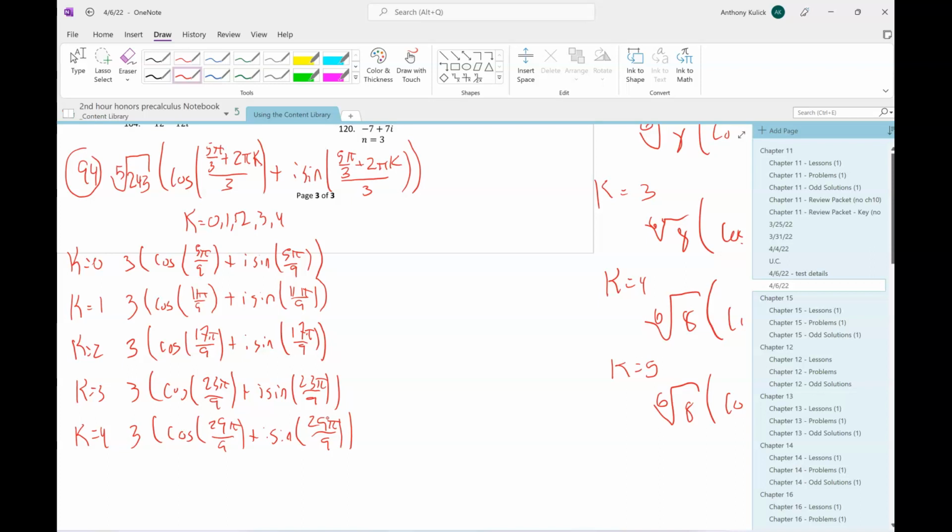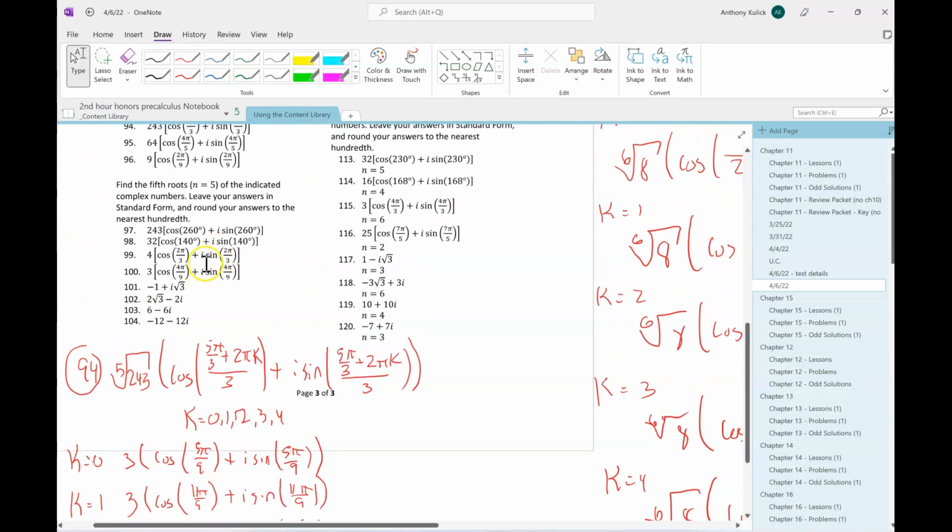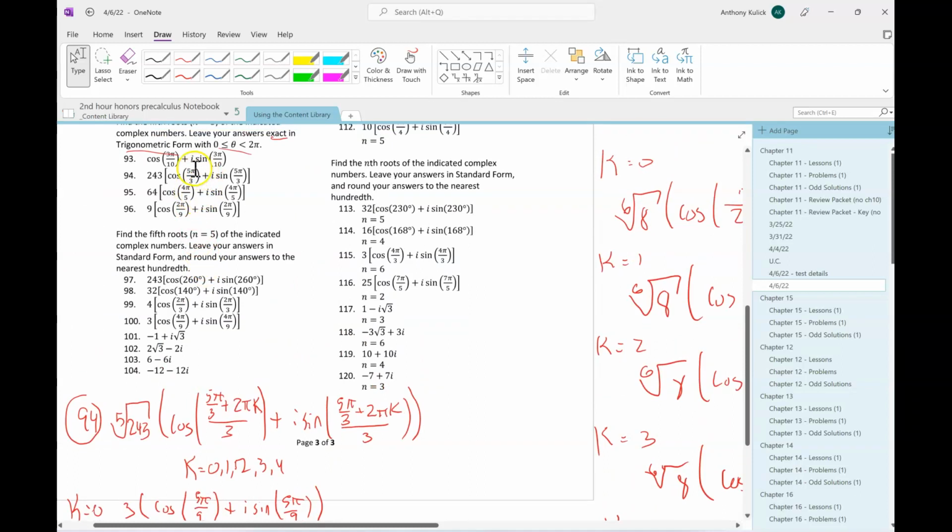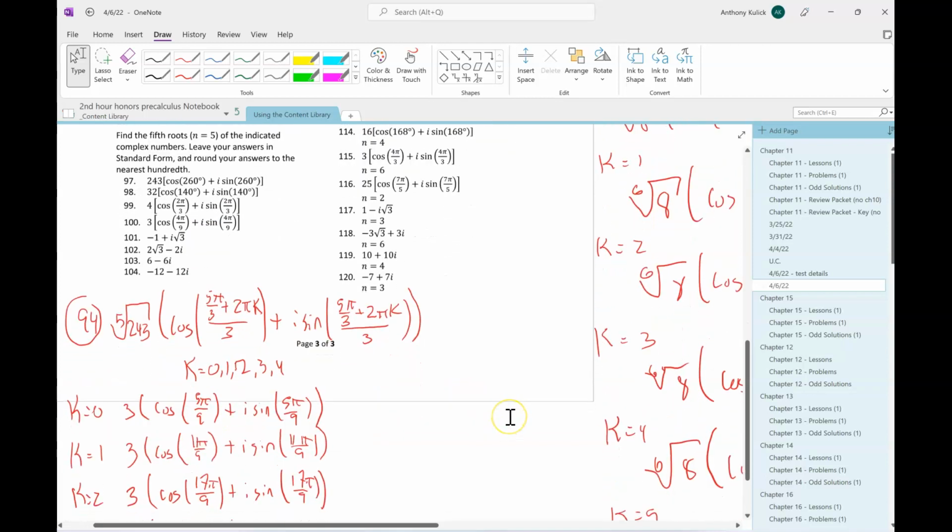This is 94. Well, that's not the answer that I have, but is it that because the answer in here is wrong? Okay, fair enough. We'll live with it.